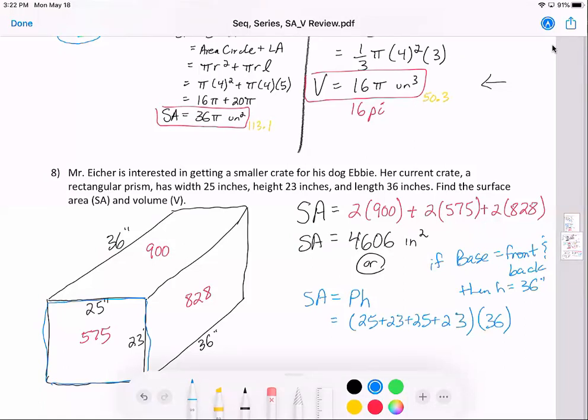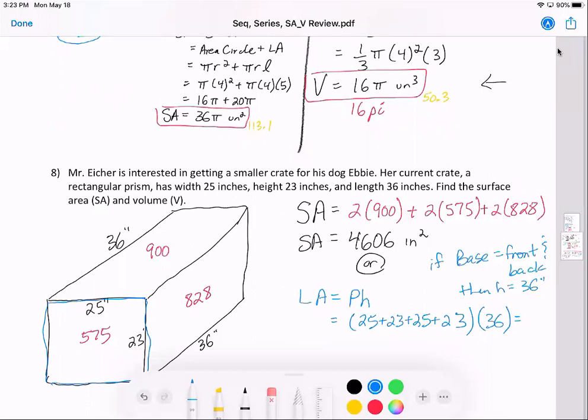Interesting. Aha. So the formula I've written here, that's the formula for the lateral area.